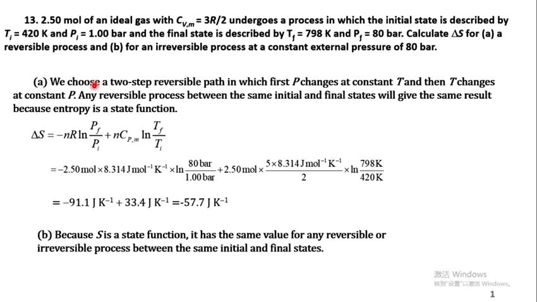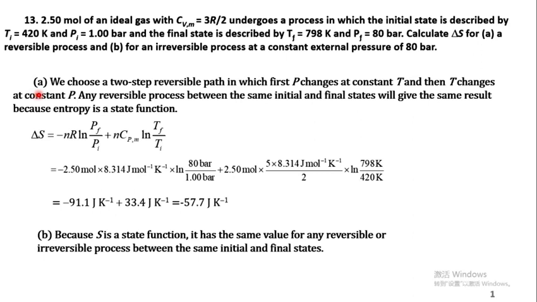And similar to previously, we can divide this process into a two-step reversible process. The first is the isothermal process, indicated there. Another process is a constant pressure process, in which the temperature is changed.